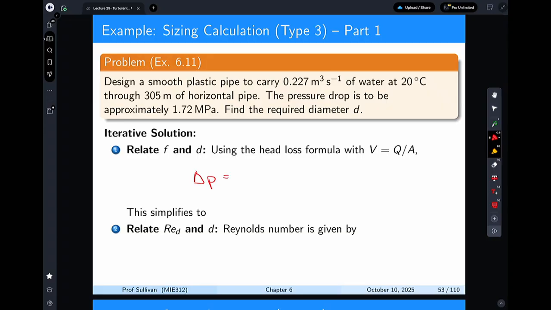But if you do that, you can relate F and D, just to be consistent.